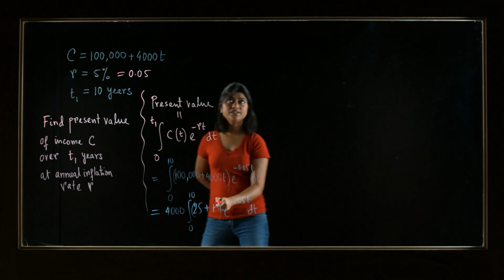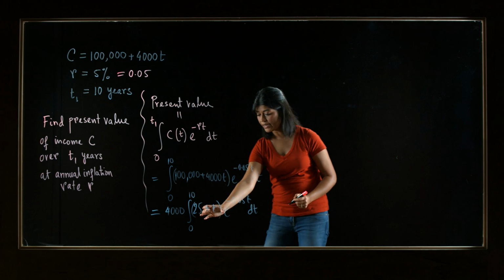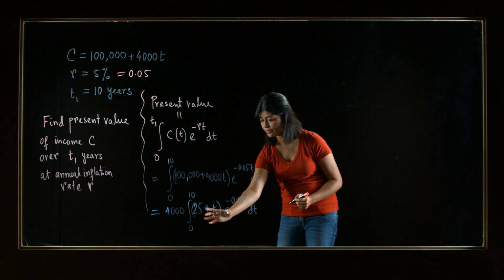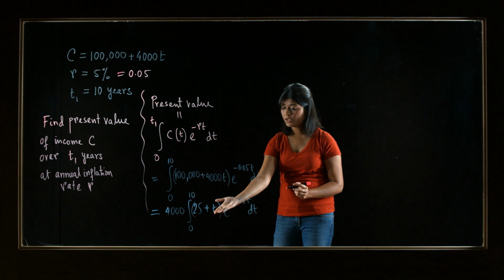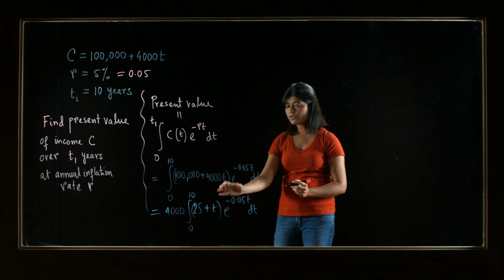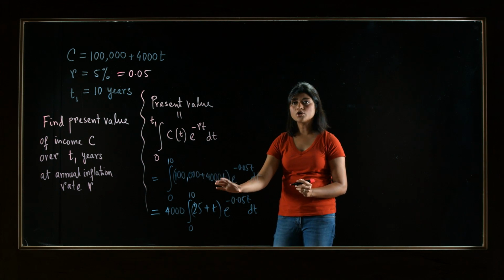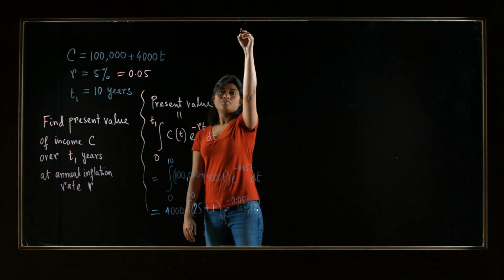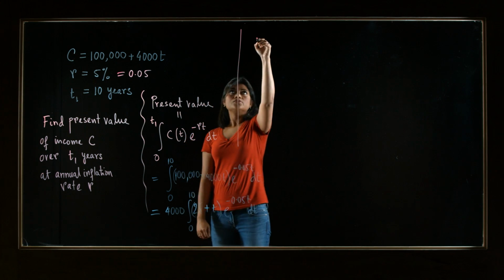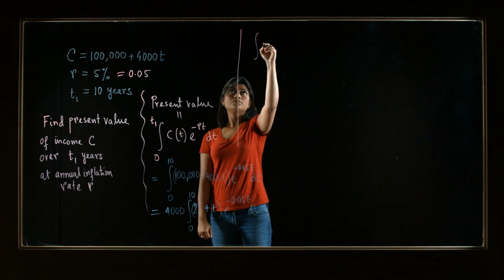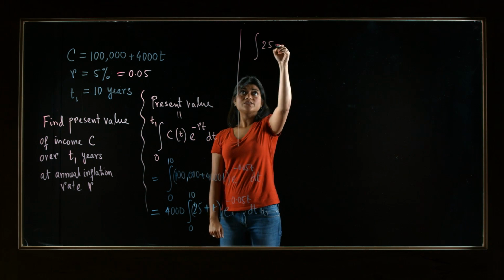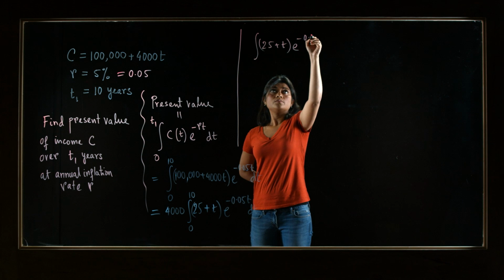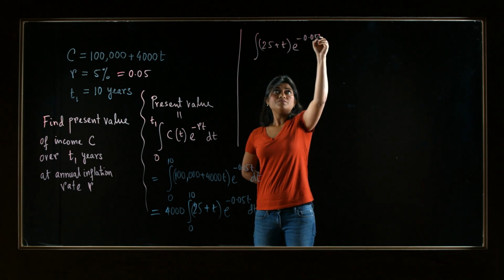Now this is a definite integral, but you notice that we have a product of two functions that we have to integrate, and therefore we have to use integration by parts. So let's just solve the indefinite integral separately first. So what is the integral of 25 plus t e to the negative 0.05 t dt?